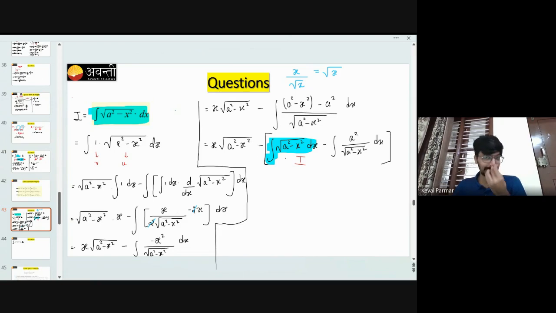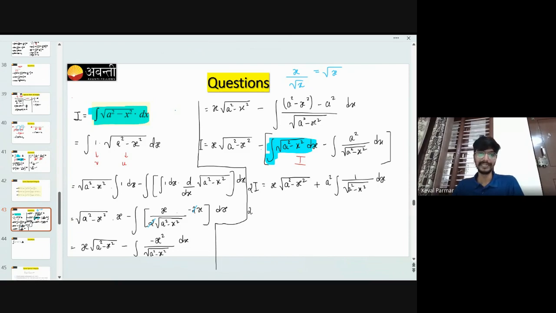So in the left hand side we had I, and on the right there is minus I, so it goes to the left hand side as plus I. So I plus I will get 2I, equal to x under root of a square minus x square. If I open the bracket, this minus and this minus will become plus. Plus a square, which is constant, times integration of 1 upon under root of a square minus x square dx.